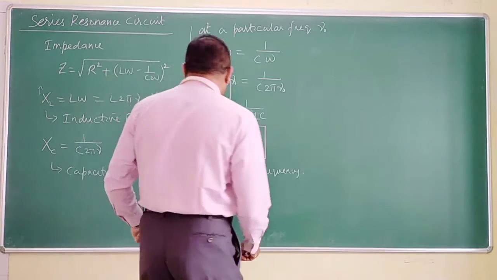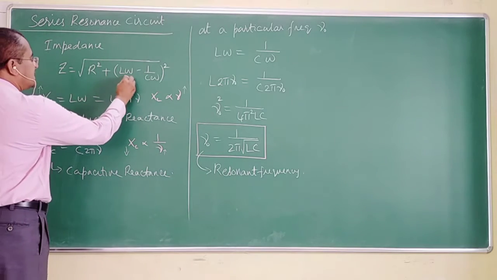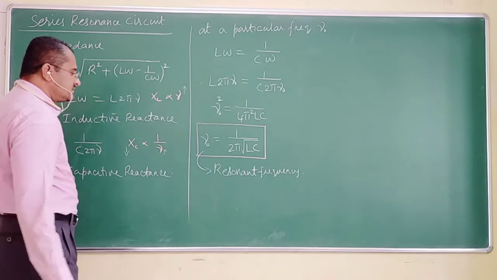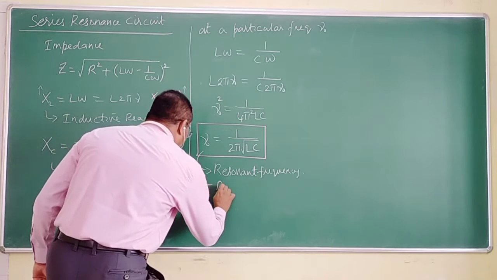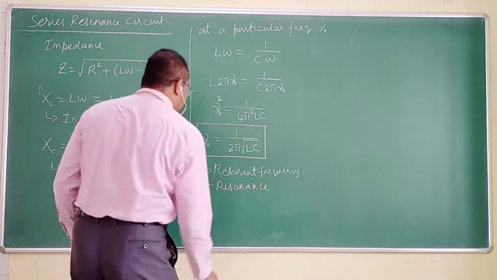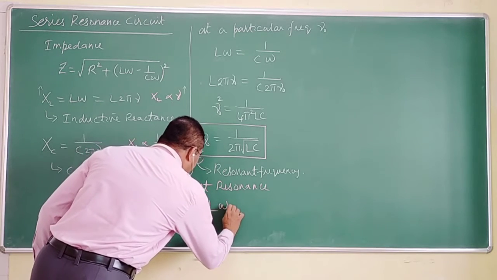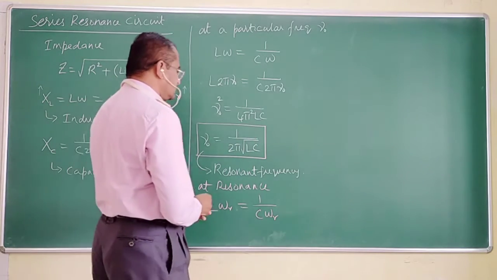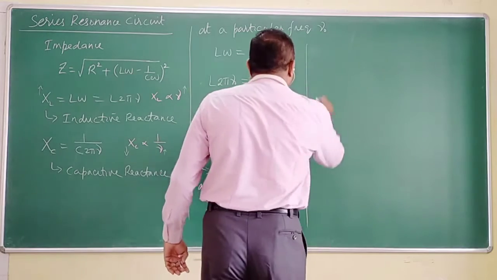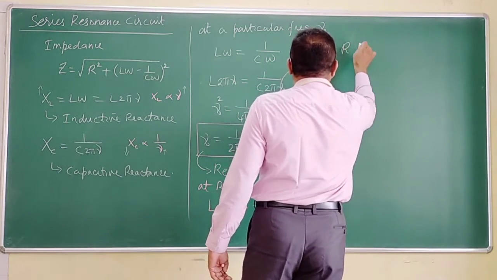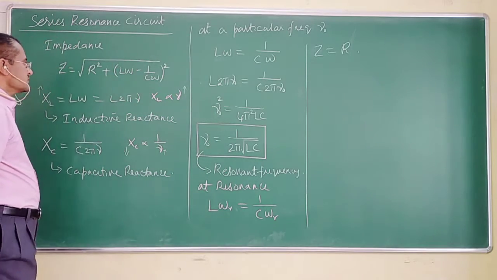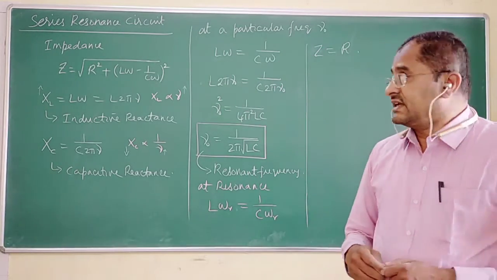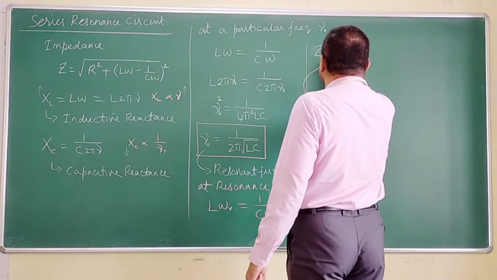The impedance value, when X_L becomes equal to X_C, or L omega becomes equal to 1 upon C omega, at resonance, Z is equal to R. So when resonance occurs, impedance becomes minimum. This is the minimum value.